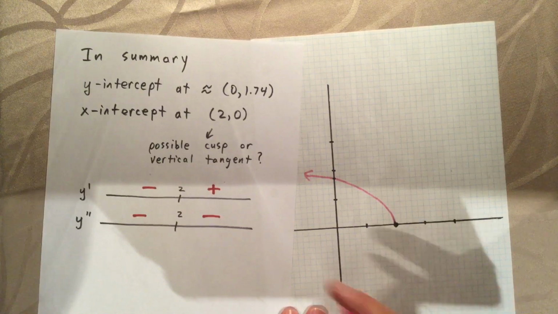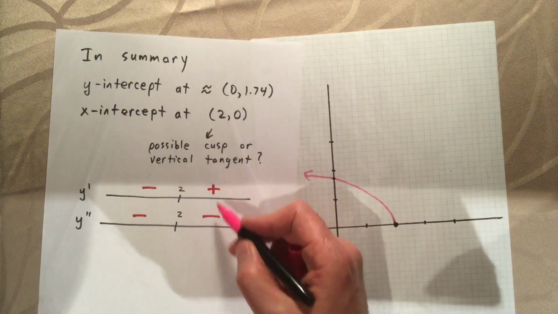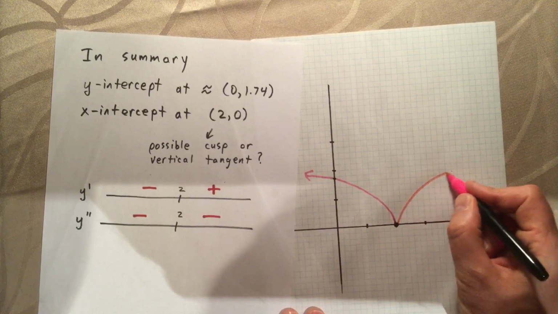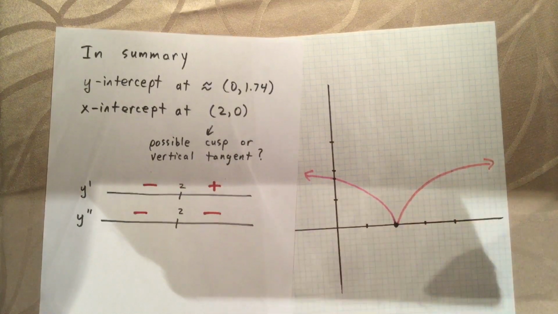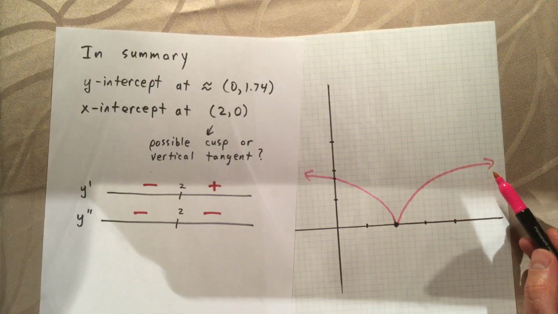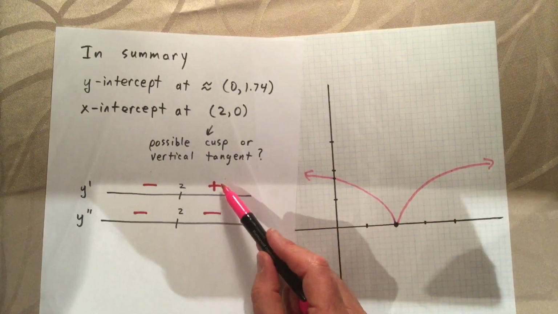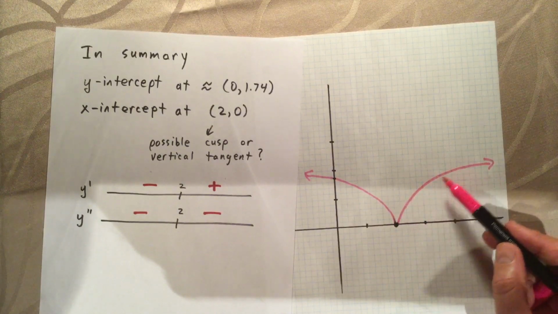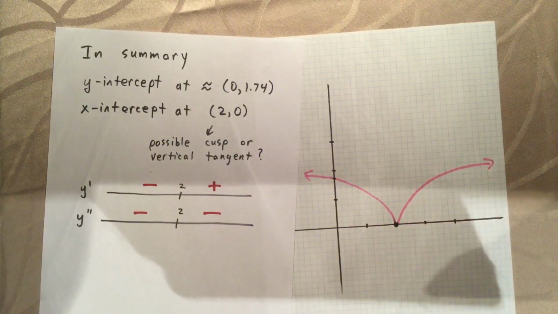Then to the right of 2, it's increasing and concave down. That makes sense, because it's certainly increasing, and it's concave down because the curve is below the tangent lines.